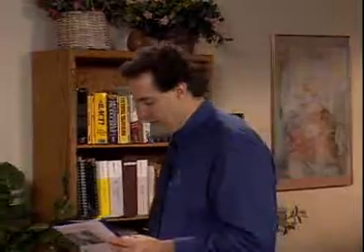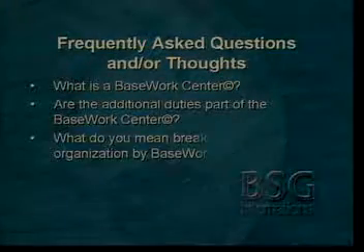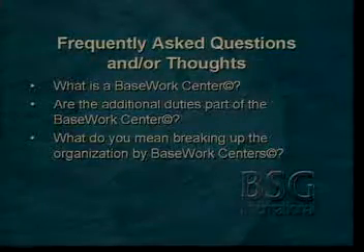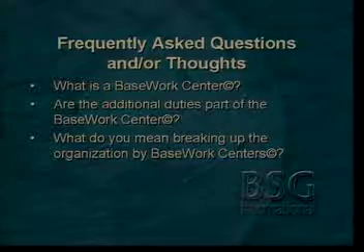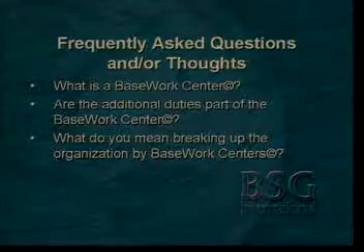What do you mean breaking the organization up by base work centers? Okay, again, we're saying let's take this huge, big, complex organization and look at how we're going to pull it apart, all these systems. We're going to pull the systems apart by processes. And usually there's somebody that we're going to assign that process to, which is going to be their base work center. Then we're going to look at that process and step of that base work center and procedure.